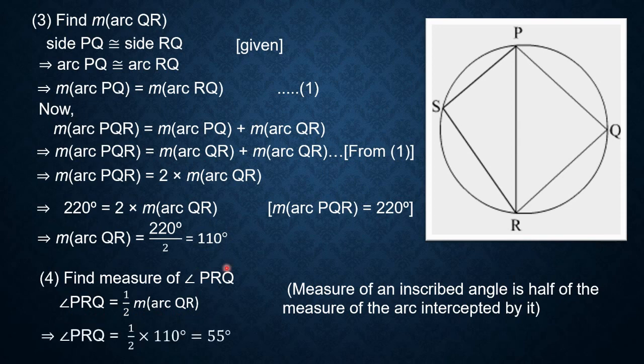Measure arc QR will be the same as measure arc PQ, as it is given in the question. So in place of PQ, I have written arc QR. Measure of arc QR we found in the third part of this question, and we got it to be 110 degrees. So we substitute 110 in place of measure arc QR. Half into 110 will be 55 degrees. Therefore, the measure of angle PRQ is equal to 55 degrees.